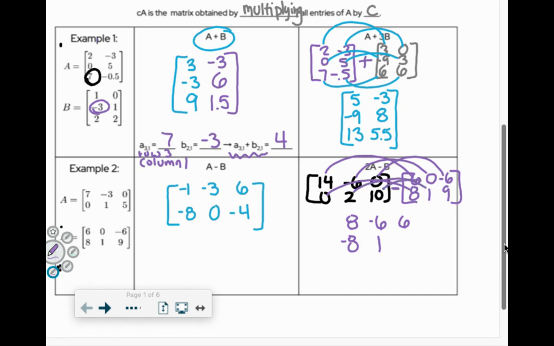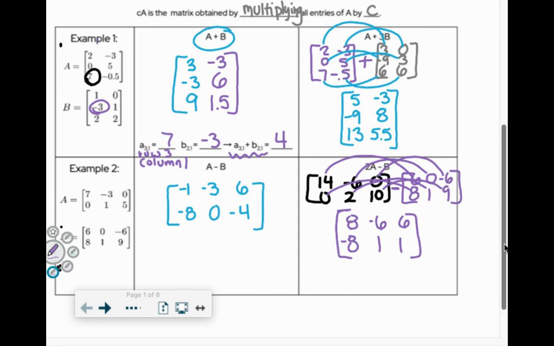And 10 minus 9 is 1. Now, I would recommend not drawing those lines every single time because it looks pretty confusing. I'm doing that for you guys so you can see my work since we are not together.